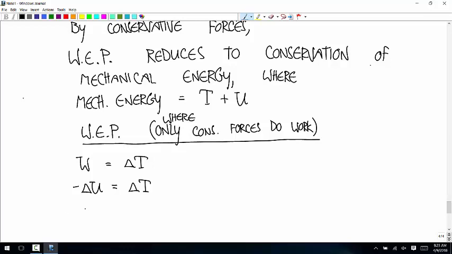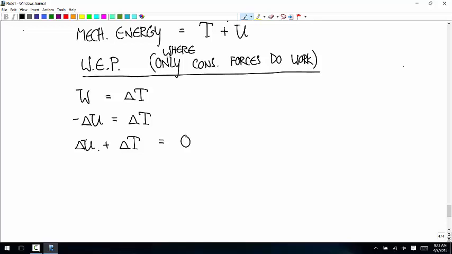And then you can write that as the change in U plus the change in T is equal to 0. Or what that says is U plus T at instant 1 is equal to U plus T at instant 2.